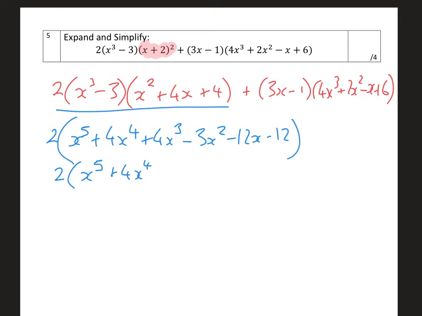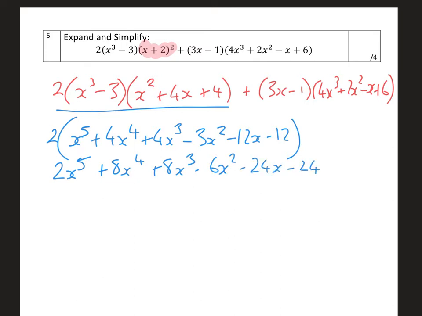Actually, in fact, it's already simplified. I don't have to simplify that anymore, can I? So I'm just going to expand by that 2 to get 2x^5 plus 8x^4 plus 8x cubed minus 6x squared minus 24x minus 24.